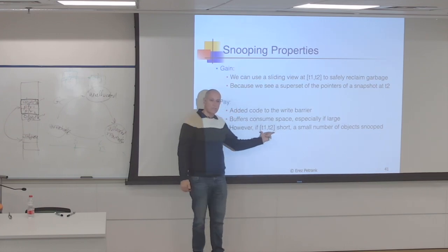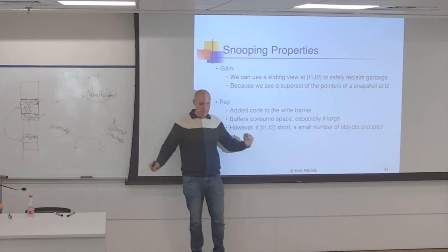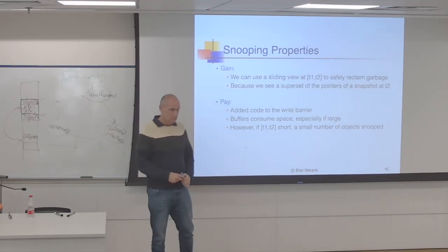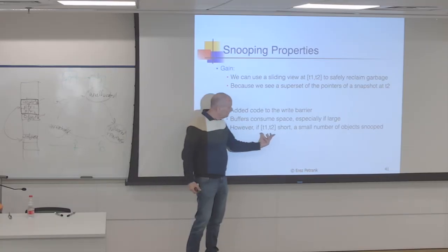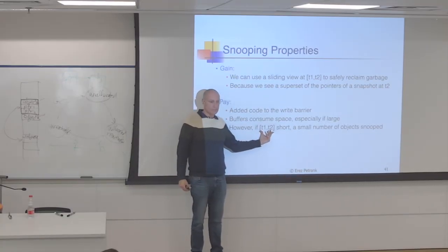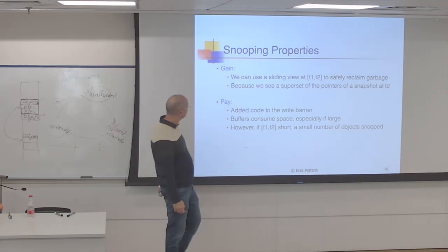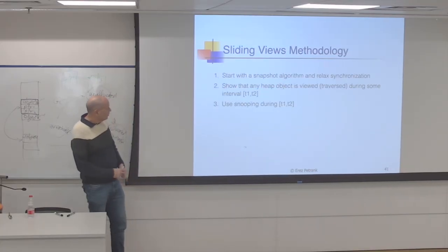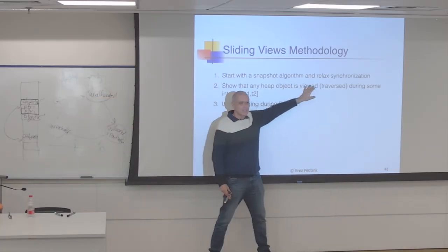But if T1 till T2 is short, then these buffers are not too big and everything is cool. So this is a motivation to keep T1 till T2 short. Okay, so the methodology is we start with the snapshot algorithm and relax synchronization.